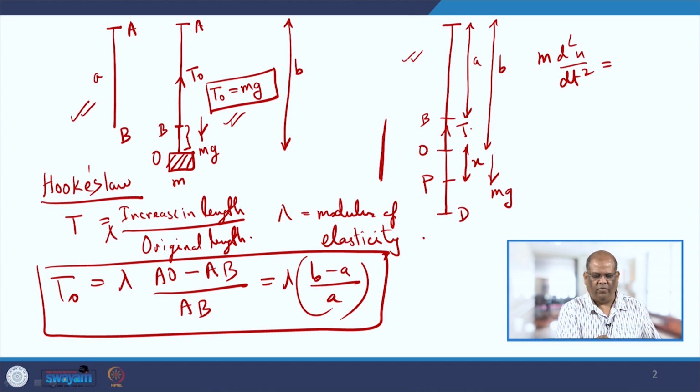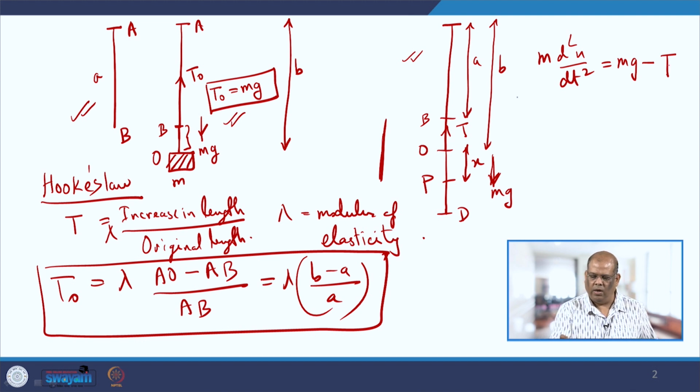And this tension is different from the equilibrium position now because the equilibrium is disturbed and T is the tension which now depends on this x. So, in this direction the force is mg, in the upward direction the force is tension. So, this is our equation of motion. Why is this mg taken positive and T negative?